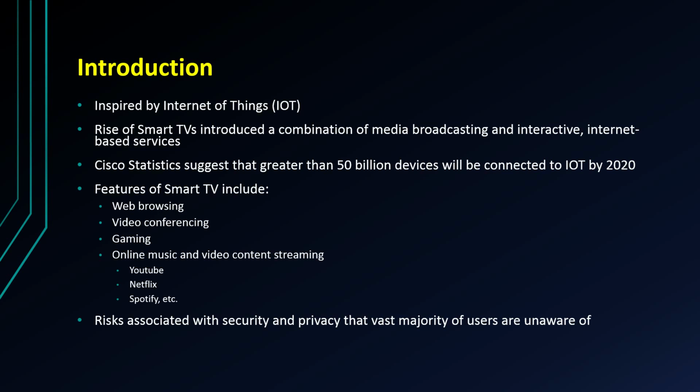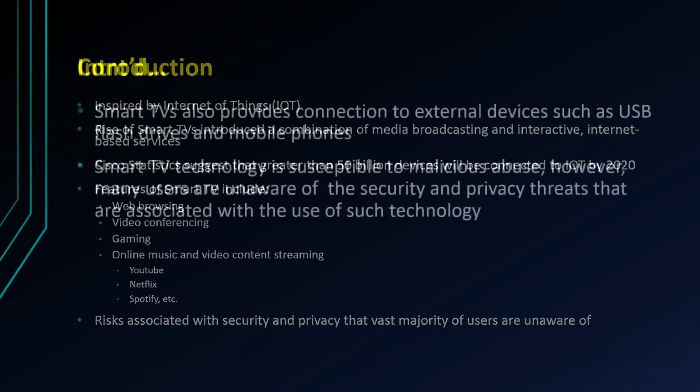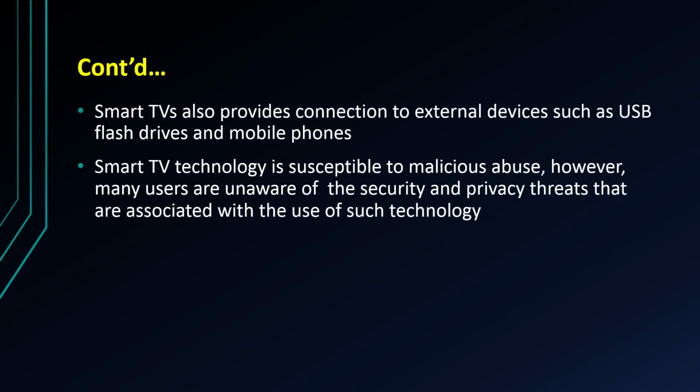Smart TVs focus on delivering content to consumers directly from network devices to end users, allowing access to media on demand, social networking, web browsing, video conferencing, gaming, and online music and video content streaming such as YouTube, Netflix, and Spotify. Moreover, smart TVs also provide connection to external devices such as USB flash drives and mobile phones.